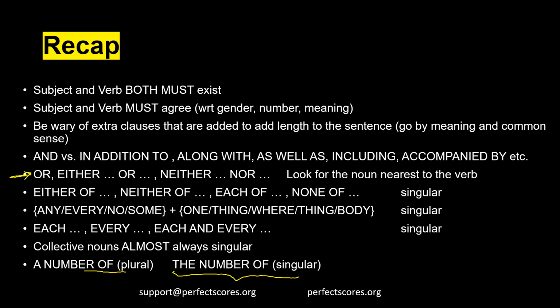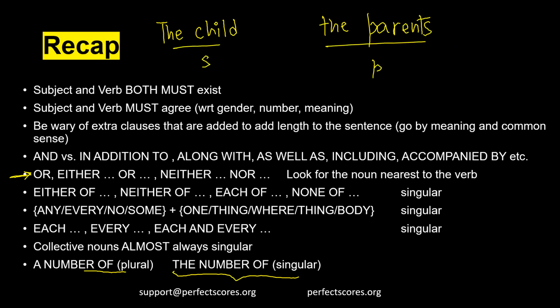Okay. All right. So for example, you have one subject here, the child, and you have the other subject, which is parents. So this one is singular, this one is plural, and you have a verb here. Let's say the verb is placed here.